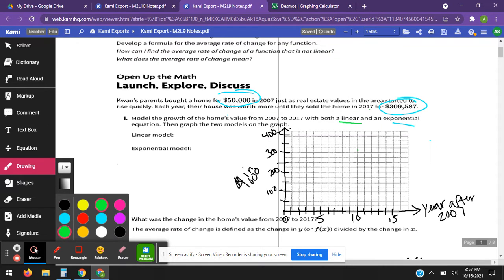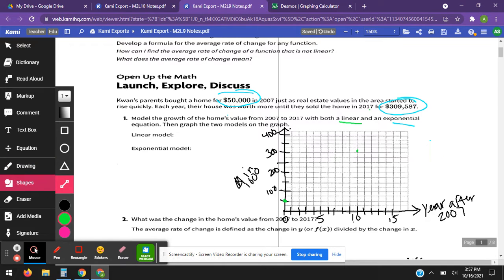Okay, so if I just plot what I have, I'm starting 2007 with 50,000. And then in year 10, I'm going to be a little over 300,000. So I'm going to connect this as a line going through here, like that. So there's my linear model right there.